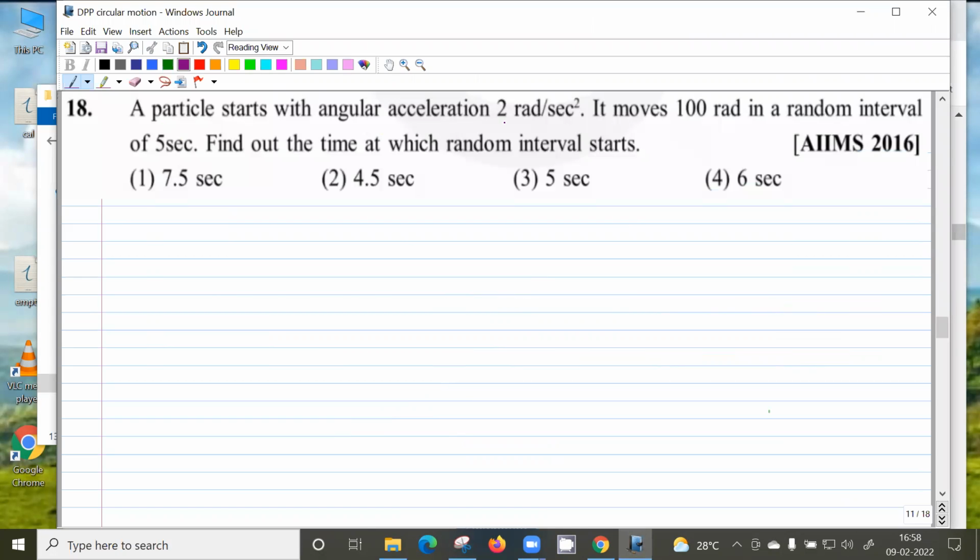Particle starts with angular acceleration. So this is alpha. Theta is 100 at some particular time, in a random time interval of t equal to 5 seconds. So you have to find Ti.